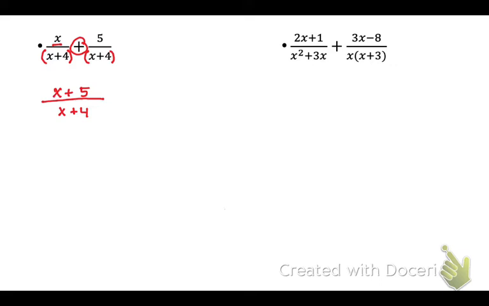Okay, so I have (2x plus 1) over (x squared plus 3x) plus (3x minus 8) over x times (x plus 3). We should always factor. So 2x plus 1, can that factor?